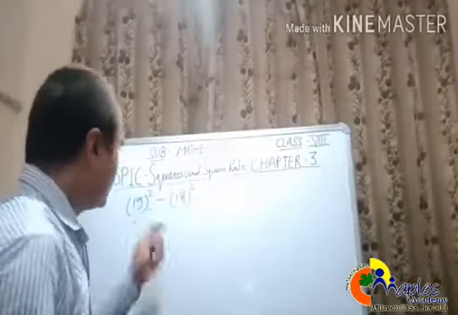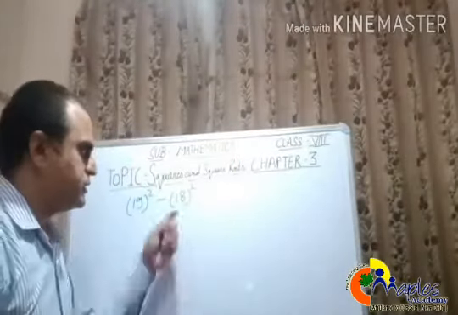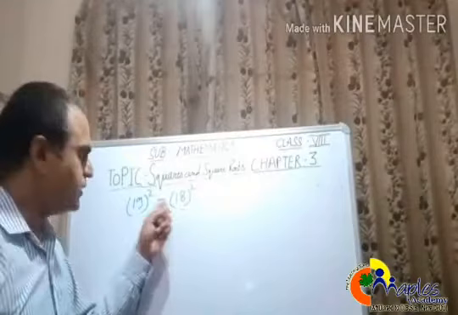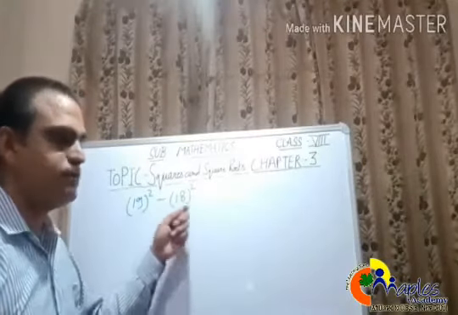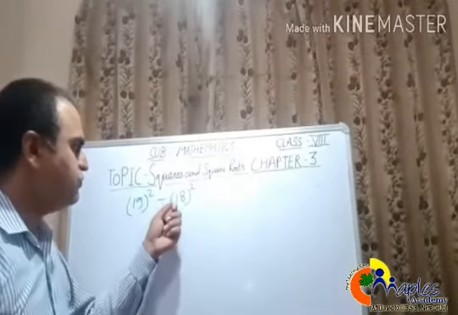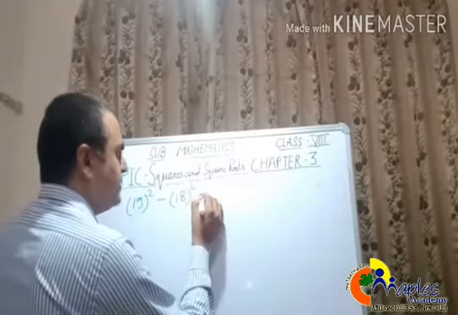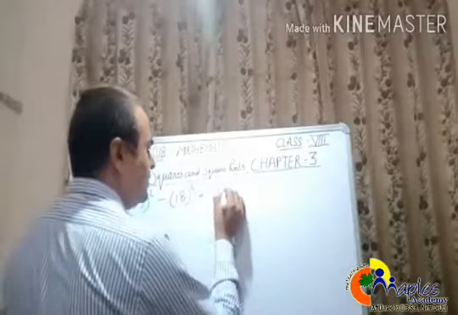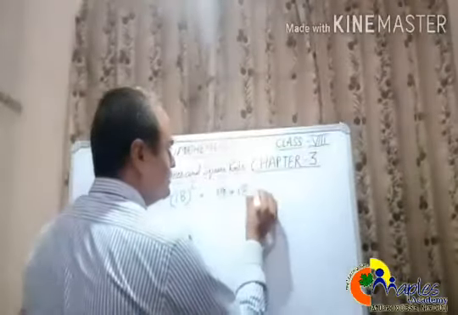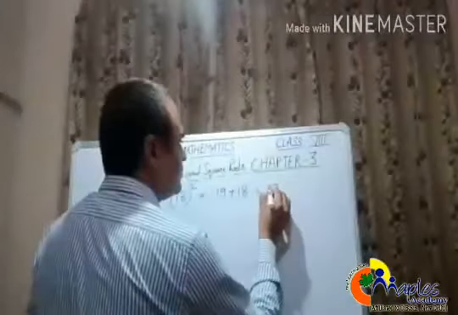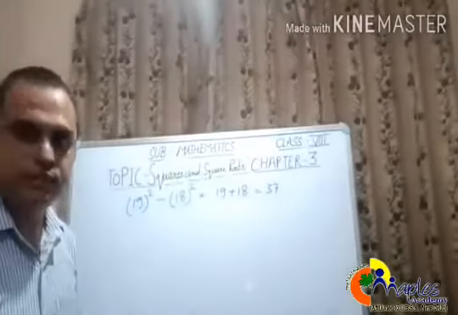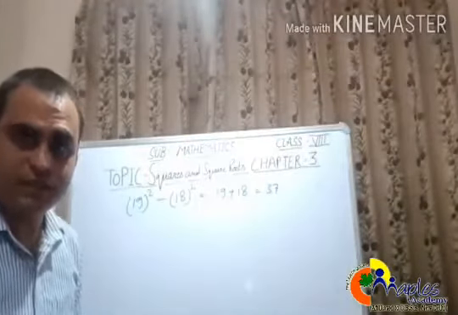First you have to know these two numbers are consecutive numbers. After 18, 19 comes, that's why these numbers are consecutive. We have to find the difference of these squares, so we can simplify by writing 19 plus 18. We get our answer by this process.